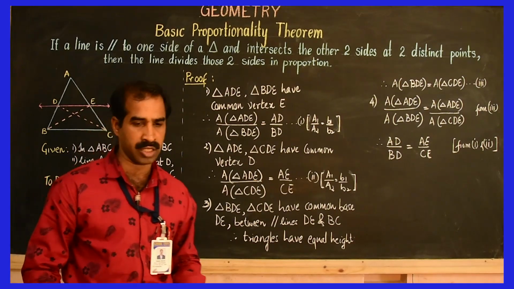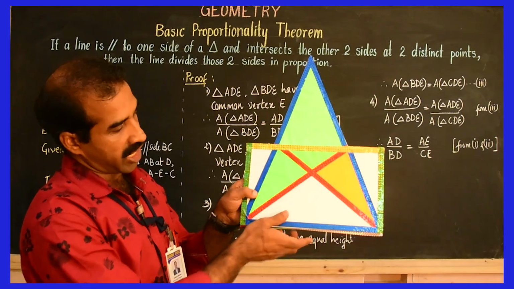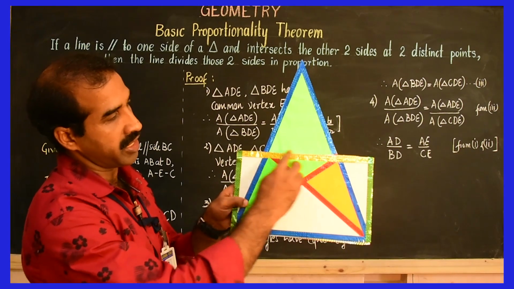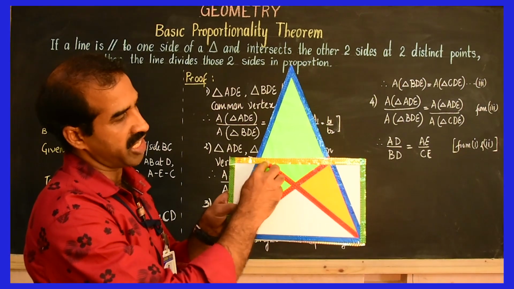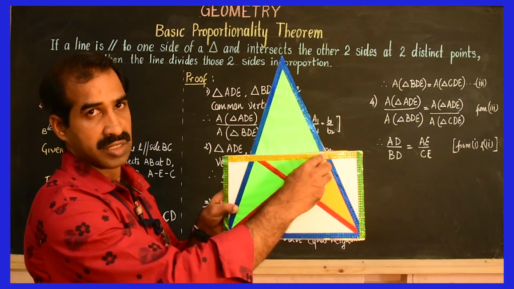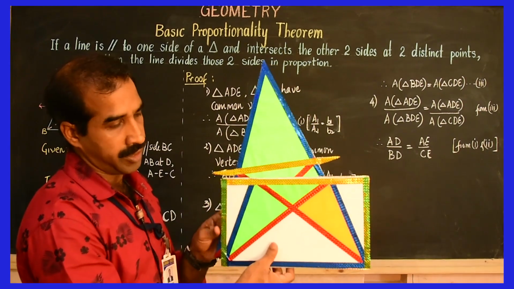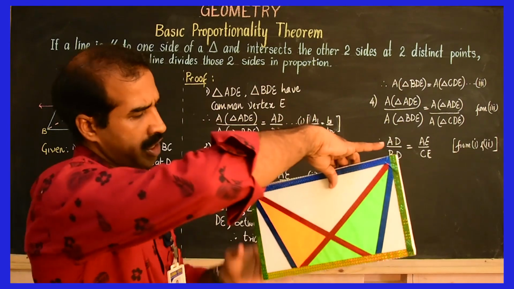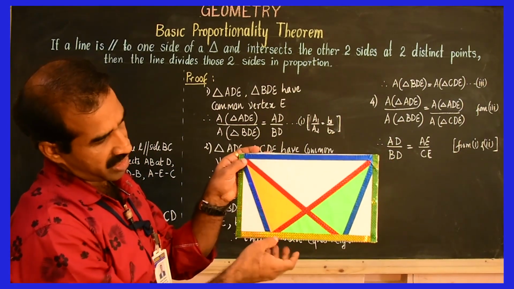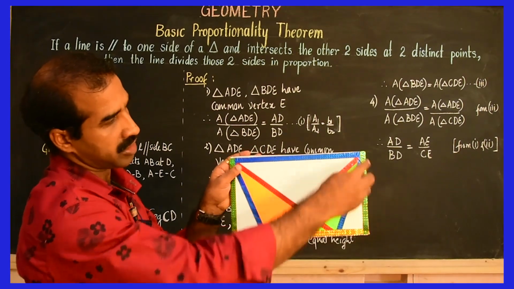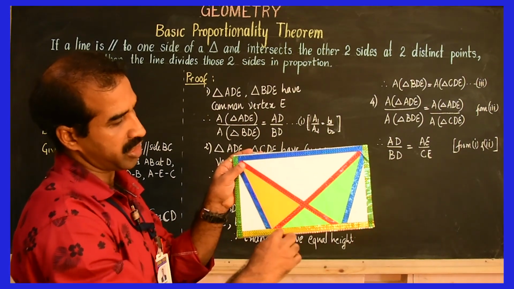Now coming to point number 3, triangle BDE and triangle CDE. If I reverse this figure, this becomes vertex C, CED and this is BDE.